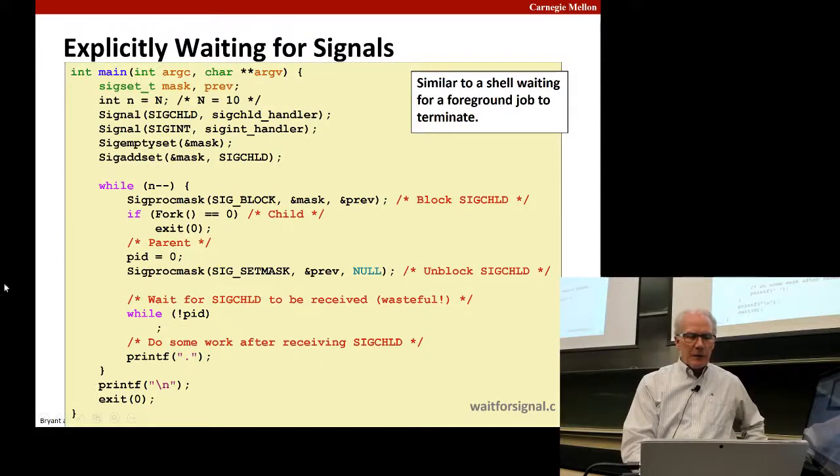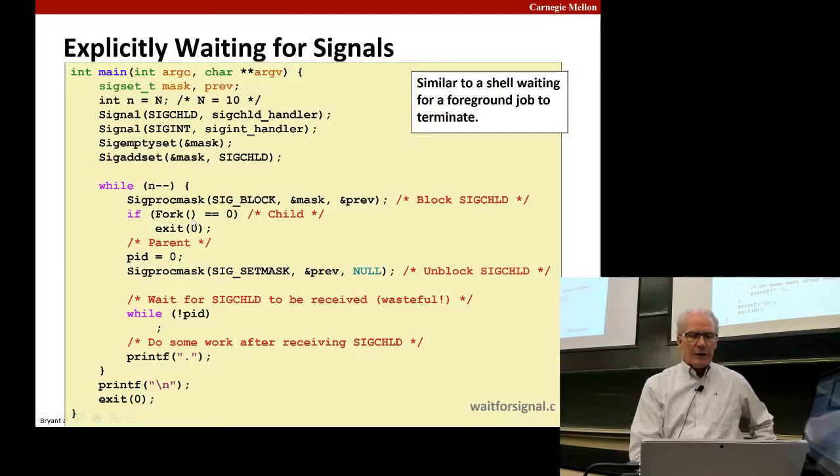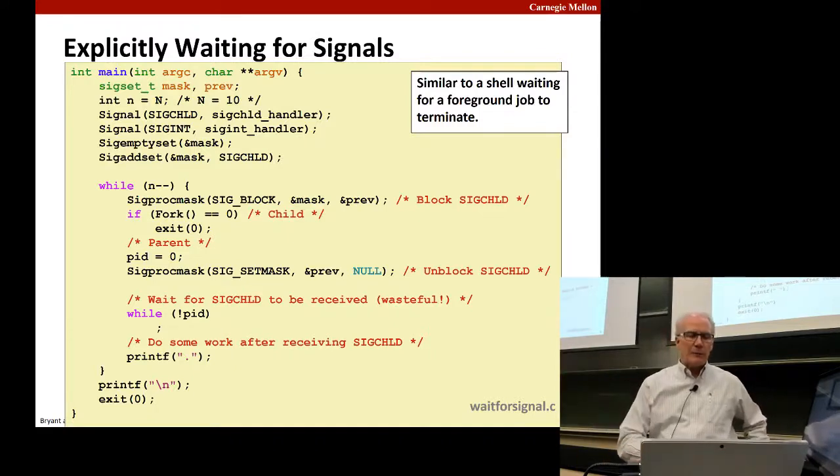And so now what will happen, this is roughly what the interpretation loop of a shell will do, is it will fork a child. And normally then it would call exec in that child to run the new job in the background, but I've just made this super simple by saying exit.